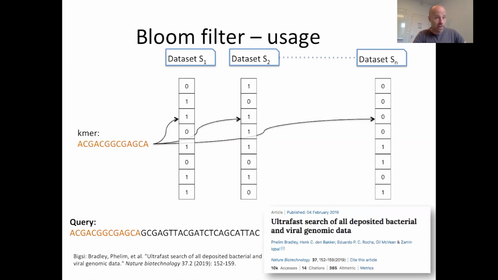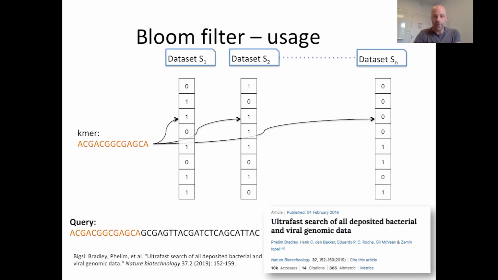This is a simple idea and that was efficiently implemented in an important tool called BIGSI that was published 1 year ago by Bradley et al. And this is one of the efficient ways to index a large set of datasets.